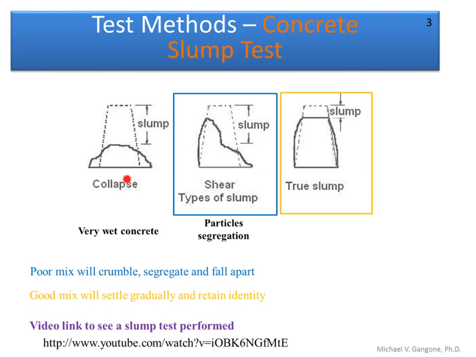Another type, of course, is a collapse slump. A collapse slump indicates a very high slump. The concrete basically collapses, and if you're not using any admixtures, that might be an indication of a very high water-cement ratio, and it probably won't have very high strength.